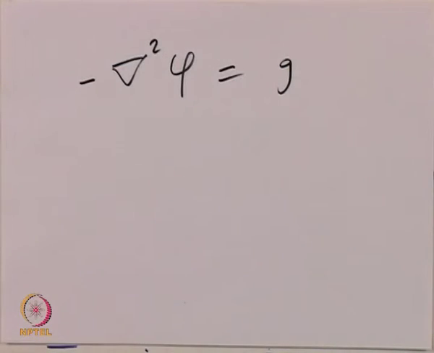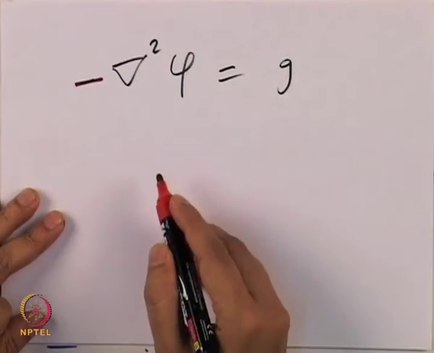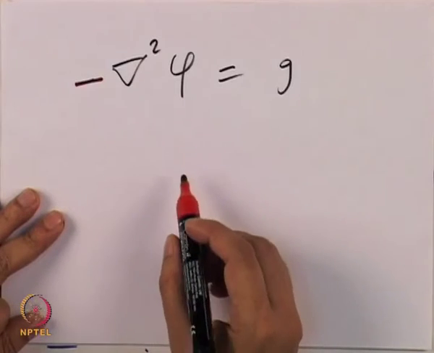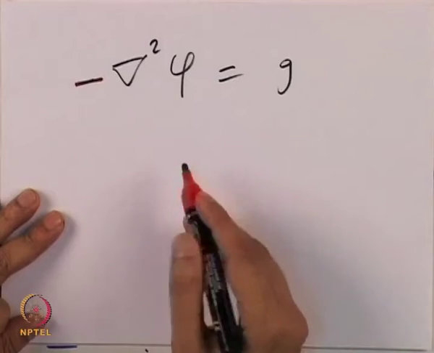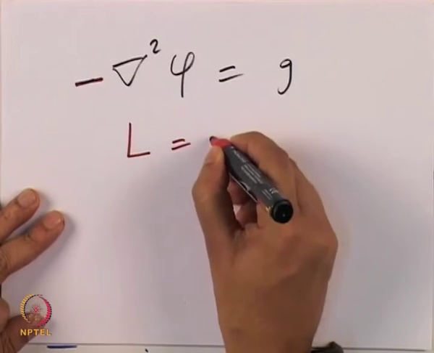The reason I am taking a minus is to make the operator L positive definite. Positive definite is a fundamental requirement on the operator itself.